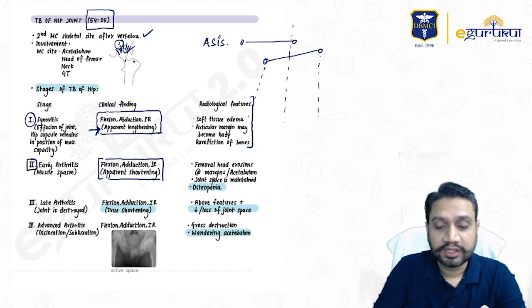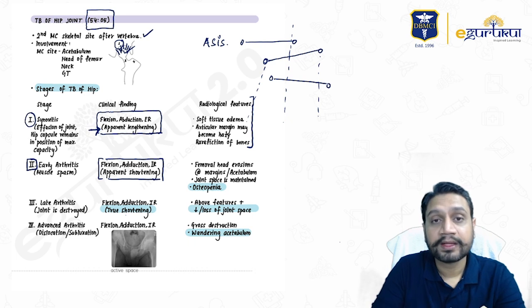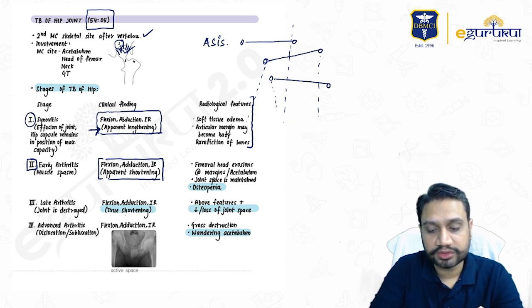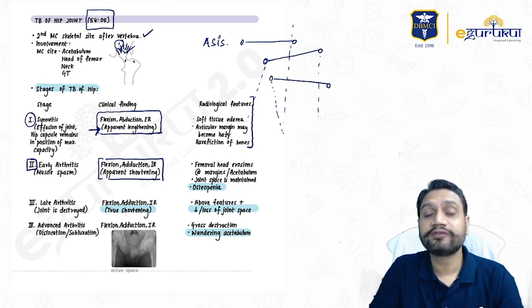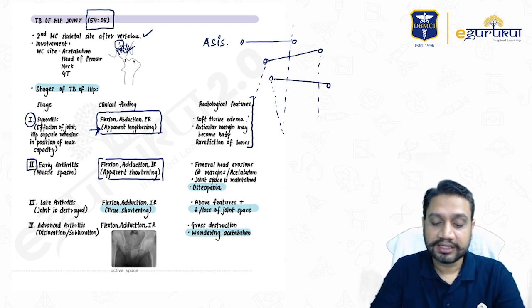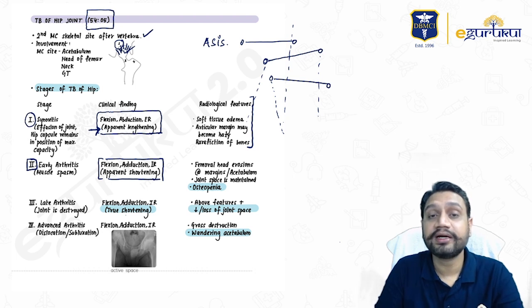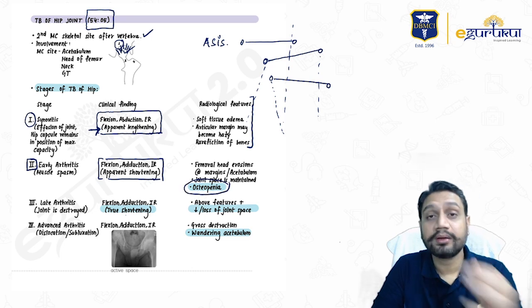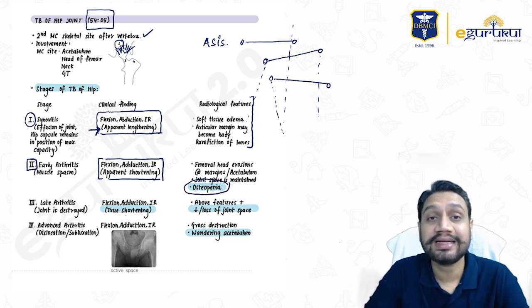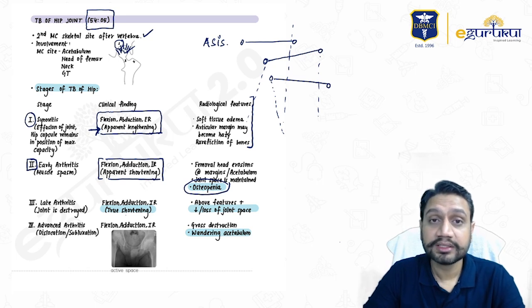That means now the ASIS goes at a somewhat higher level as compared to the normal side. So now the hip will be closer to the midline and it seems that the length of the limb is shortened. But the point is, the hip joint is not yet destroyed. There might be some erosions which are visible, but other than a classical osteopenia, the bony destruction is usually not seen in this particular stage.